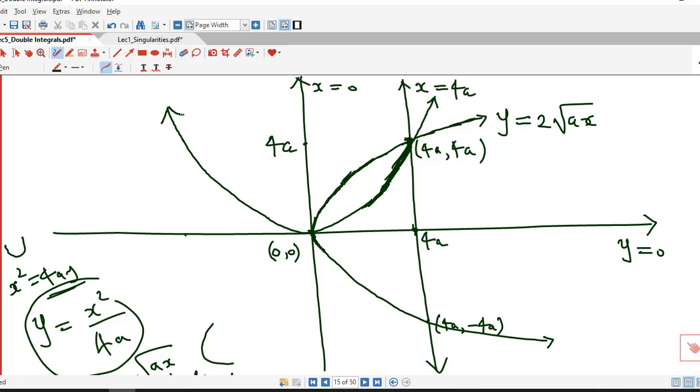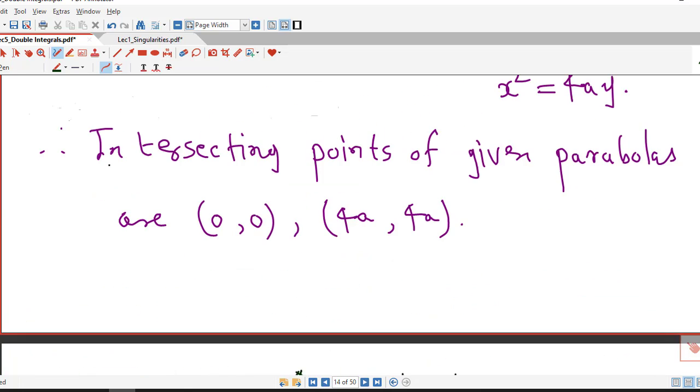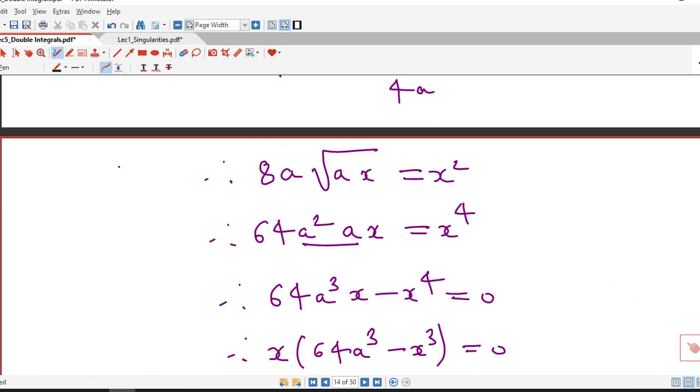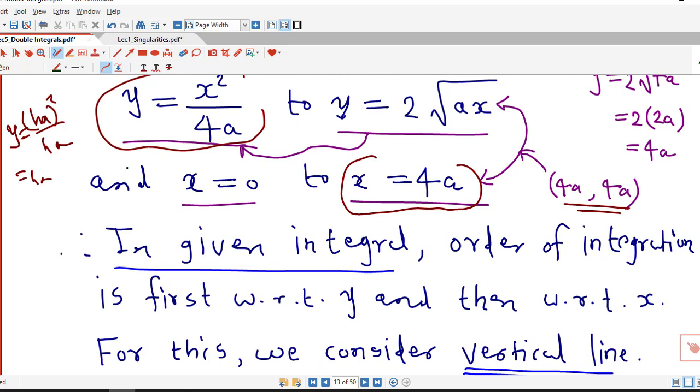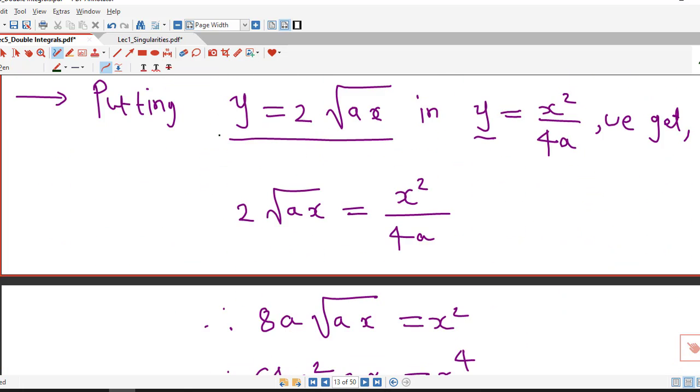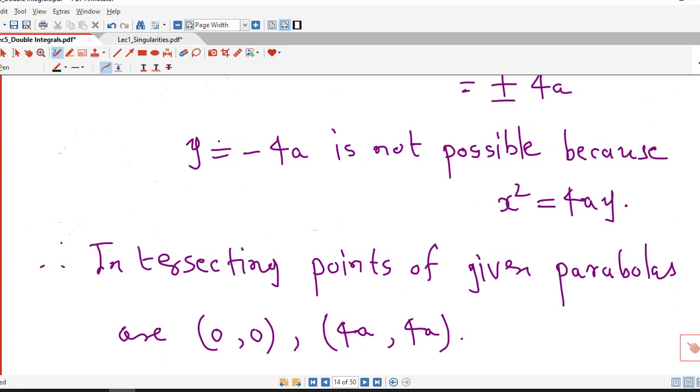So suppose we consider this, it is y equal to x square by 4a. Now our region is in between these two parabolas, and it is from x equal to 0 to 4a, and y is from x square by 4a to y equal to 2 under root ax.